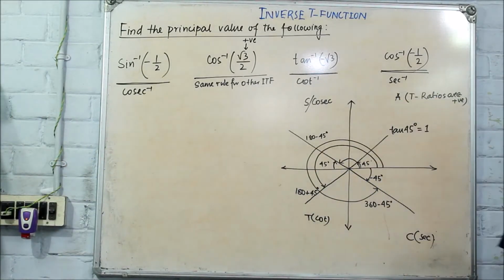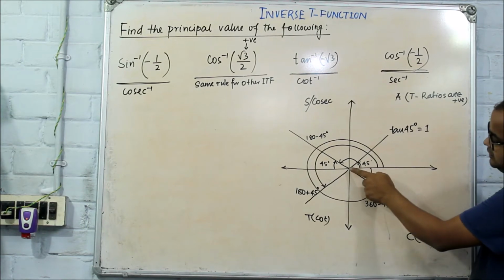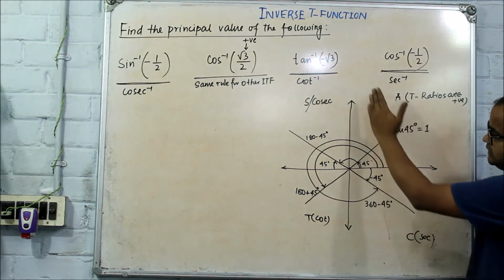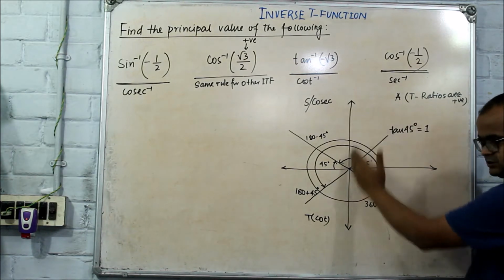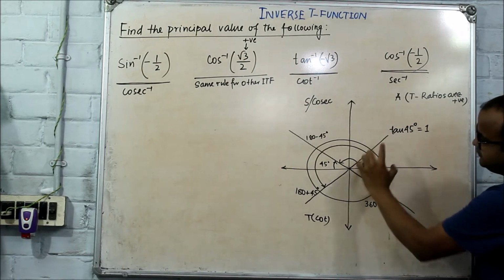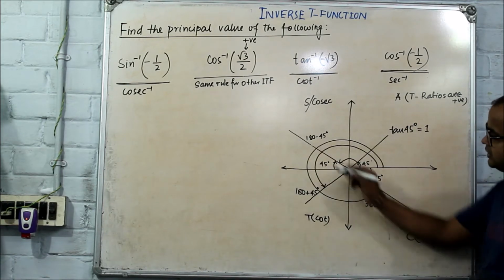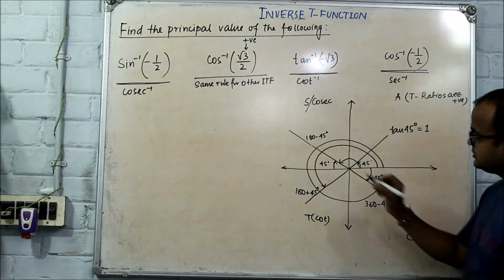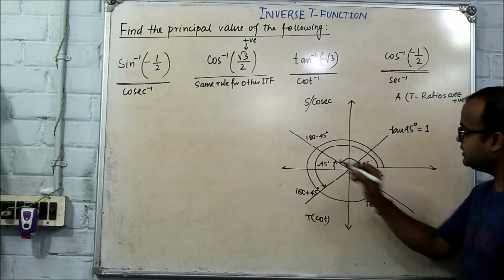Let me recap in yet another way. This is the angle 45 degree. If you consider this as a mirror, you will get an image here. This is 45 degree, so this part is 45 degree in the clockwise sense, so this is actually minus 45 degree.